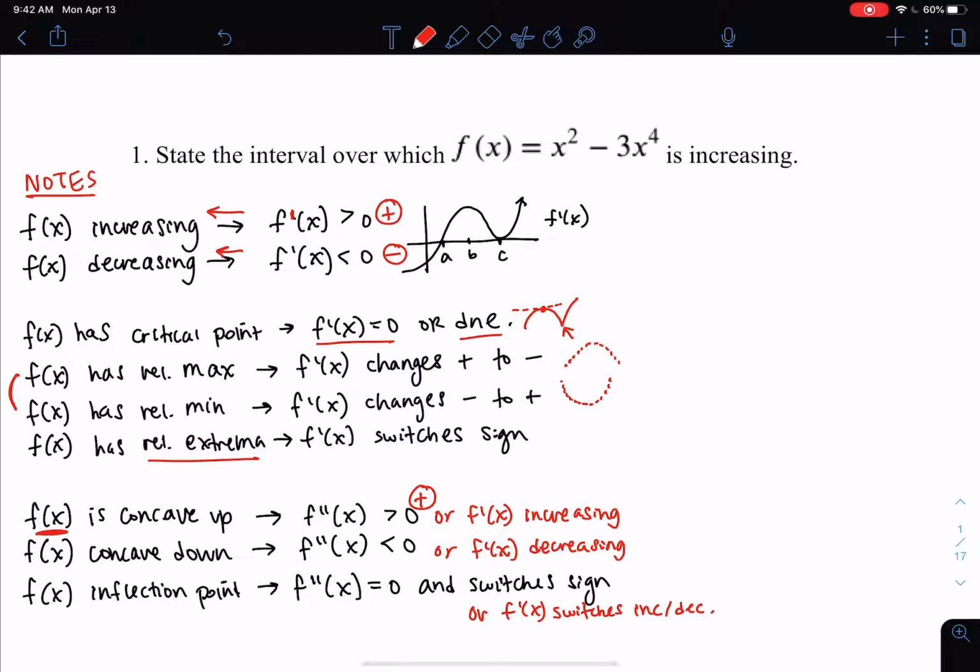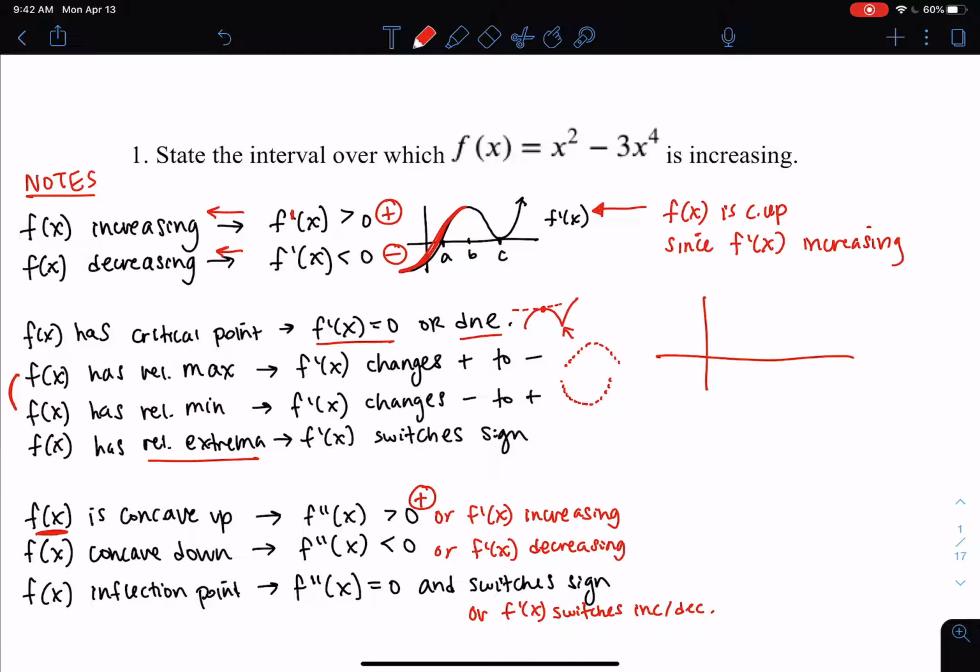So coming back to our graph at the top, I would know that f is concave up where f prime is increasing. So from here to here, that's where the graph is concave up. So f of x is concave up since f prime is increasing.